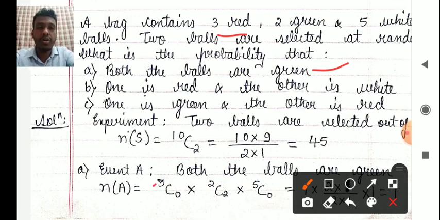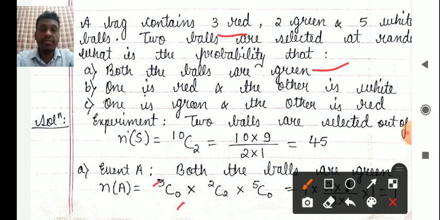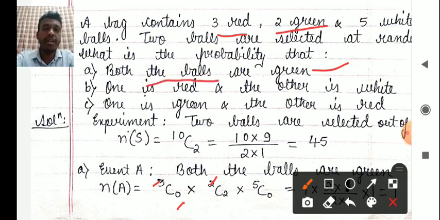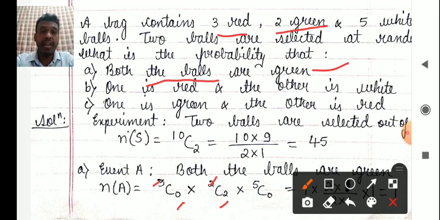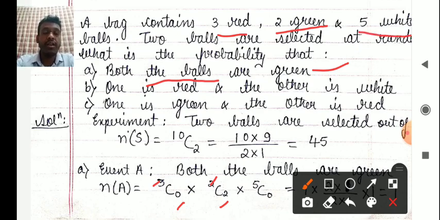So 3 is the total number of red balls, and how many are we selecting at a time? 0, because we want both the balls to be green. Then two green balls are there. Out of that, how many are we selecting? Both the balls should be green. So 2C2, both of them are green. And now white balls. 5 white balls are there, and out of them how many are we selecting? 0, because both the balls are green in this case.